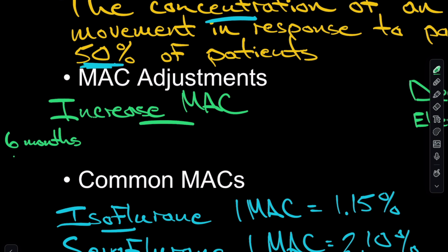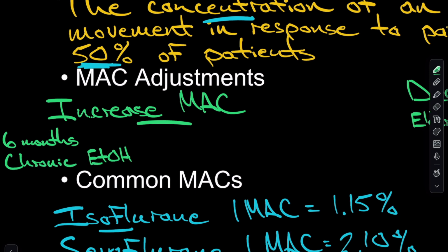Chronic alcohol use can increase your MAC requirement. So if they chronically are on depressant medication, then it makes sense that they might have a tolerance to that. And then they might also have a tolerance to a volatile anesthetic that functions on a superficial level, kind of similarly to a depressant.